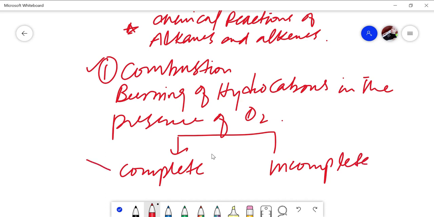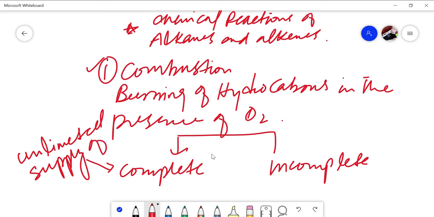Complete combustion happens in the presence of an unlimited supply of oxygen, and this generates carbon dioxide plus water.